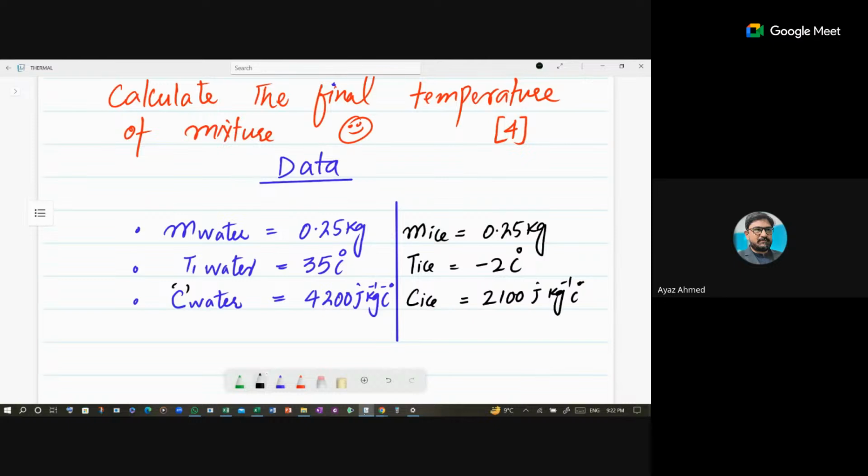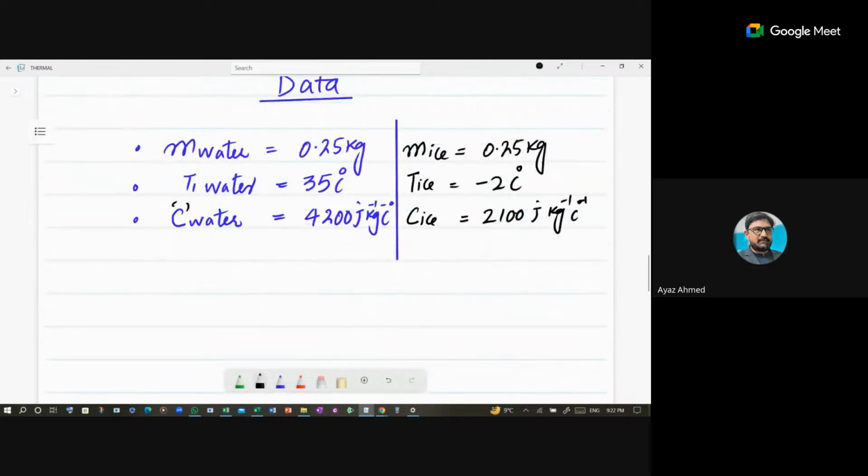But there is another piece of information required, the latent heat of fusion of ice, which is something like 3.6 into 10 power 5 joules per kg.